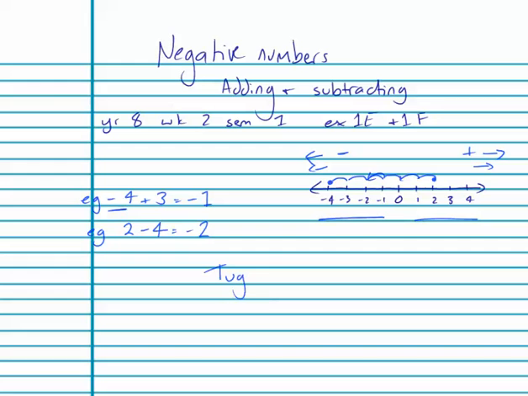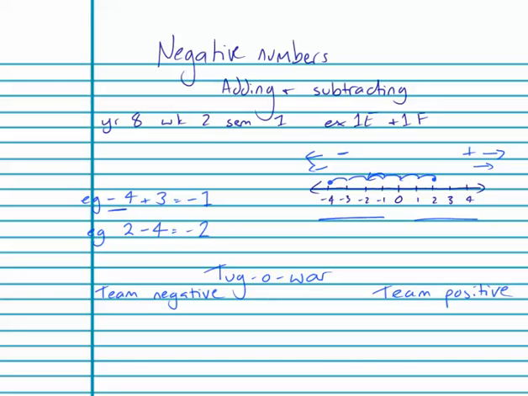Adding and subtracting with negative numbers is just like a tug of war. We have team positive and we have team negative, and the only thing we need to know is that everyone on each team is absolutely equal strength.